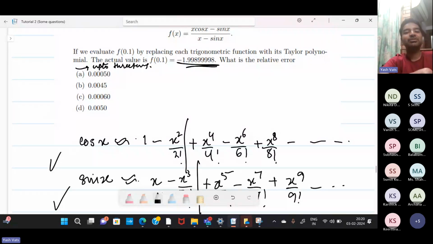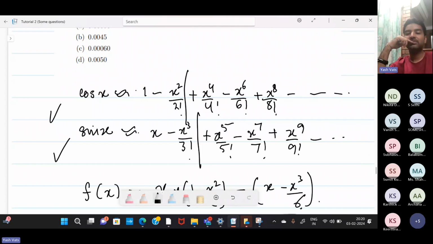I just specified up to 3 terms. It should be specified in your question up to how many digits, up to how many terms you have to take, or it should specify the order of the truncation error. It depends on how it is specifying.